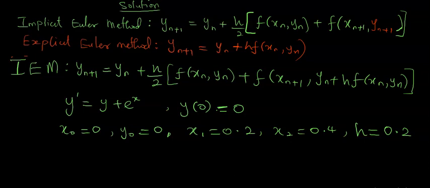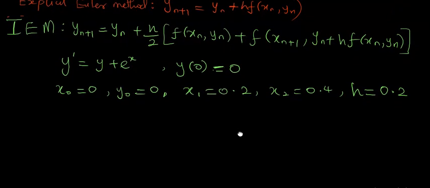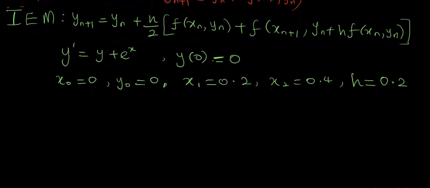So now we have the implicit scheme. So we can then write it. This is what we have, okay? When n is equal to 0, we have this here.